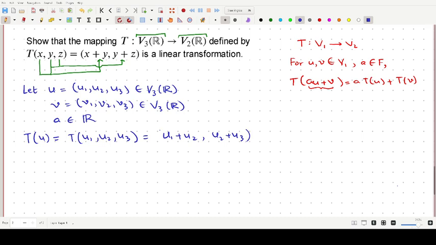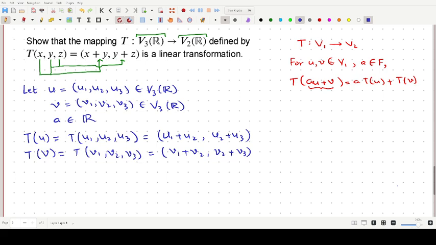So we are following the formula given in the second line of the question, as you can see on top of your screen. And T of v would be T of v1, v2, v3, and that would be v1 plus v2, v2 plus v3, right?